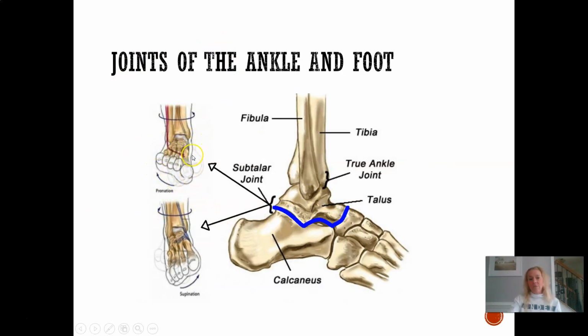As you pronate the foot or as the arches start to fall on the foot, that does bring the foot into a little bit of dorsiflexion and eversion. Whereas when you supinate, you are going to go into a bit of plantar flexion and inversion. And those motions, again, are typically occurring at the subtalar joint. So underneath the talus, we're getting, again, a little bit more rotation of the foot there.